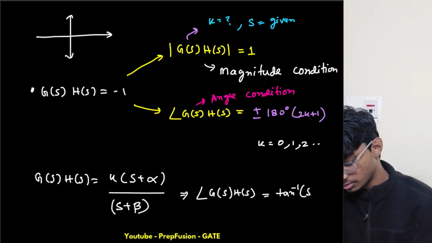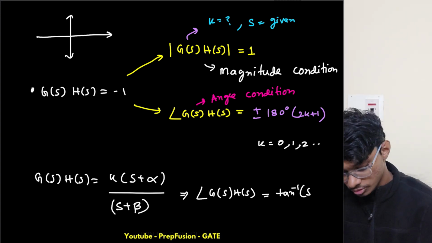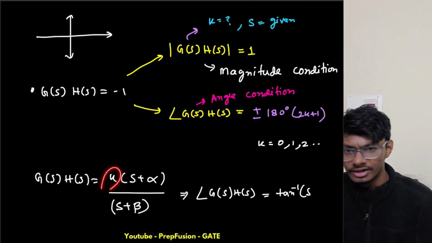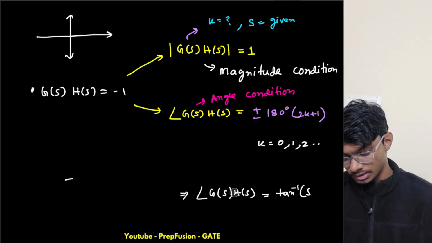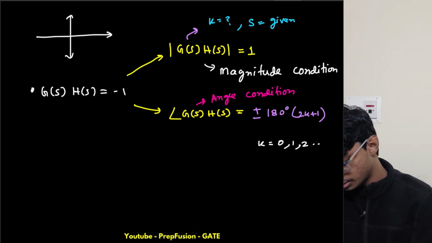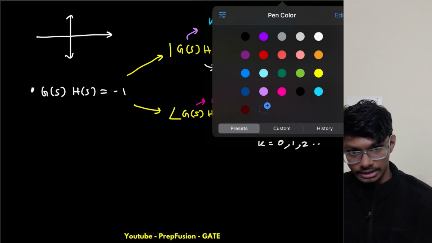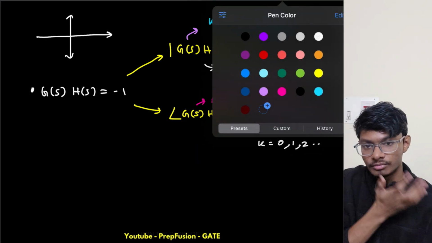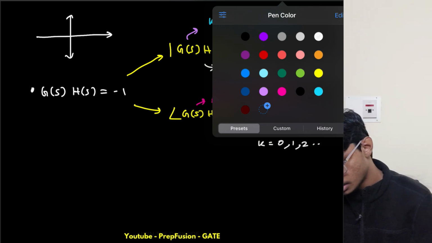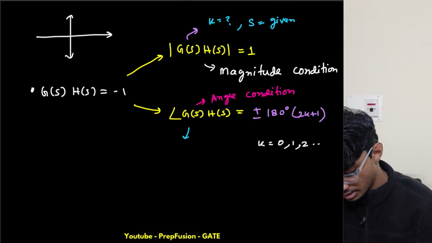That I will come to. As you can see, it is not depending on k at all. Angle does not depend on magnitude at all. So from here I can understand that this is independent of k. The angle will depend on the location of my poles, which I will come to.